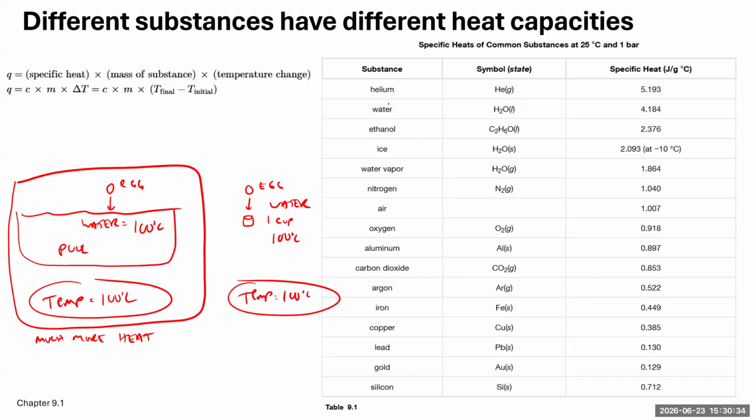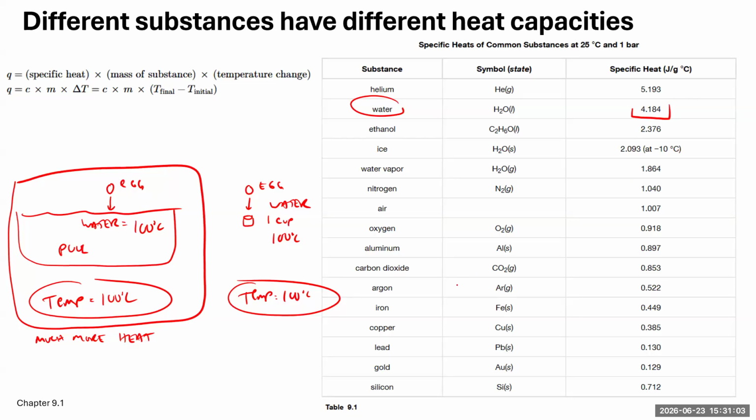We have different things. One of the substances with the highest heat capacity is water. There's helium. I wasn't actually aware of that, right? I didn't know helium had such a high heat capacity. But water can hold 4.18, the specific heat is 4.18 joules per gram Celsius.